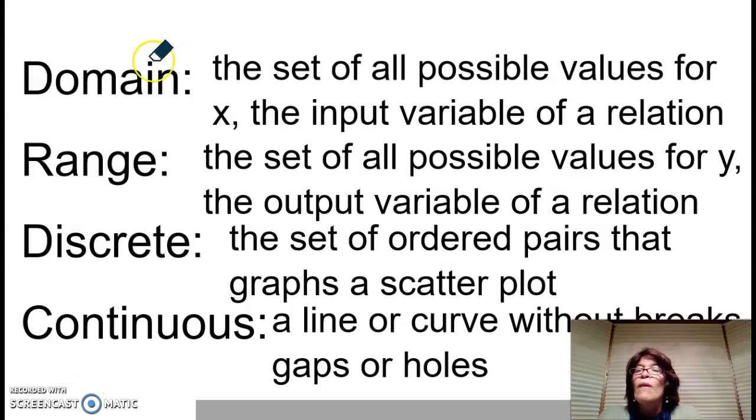I know you've heard domain and range before, the x's and y's. You might not be as familiar with the words discrete and continuous. So think about a discrete relation as just a set of ordered pairs that looks like a bunch of dots or a scatter plot. A continuous relation or function is a line or curve without breaks, gaps, or holes.